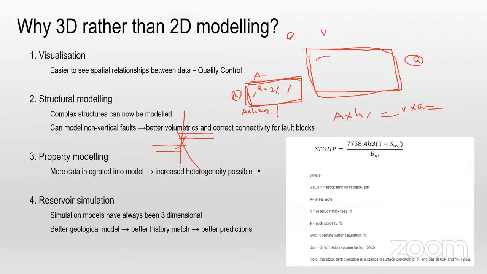But you have a normal fault here, and you go in this part, that's a sandstone again, and you don't actually penetrate this sandstone. So it reduces the volume of the reservoir. So you can't do the structural modeling in the 2D, but you can do that in the 3D.